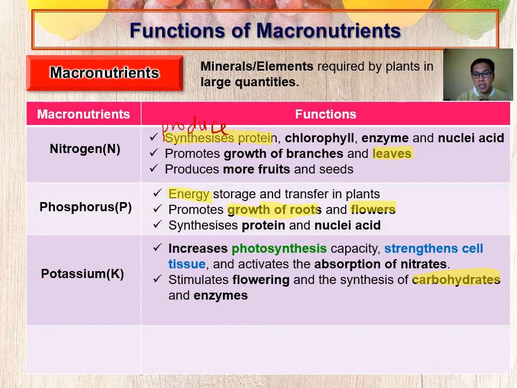Melalui makanan yang kita makan, for example, bread, noodles. This example of food consists carbohydrate, but for plant, they get their carbohydrate by absorbing potassium, dengan menyerap potassium. Alright.